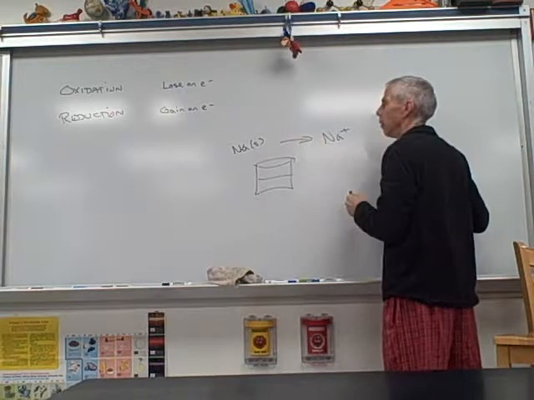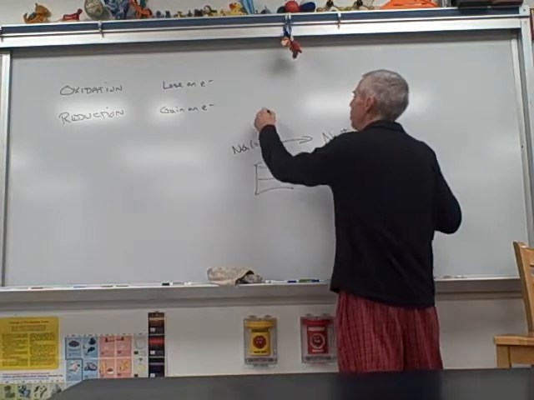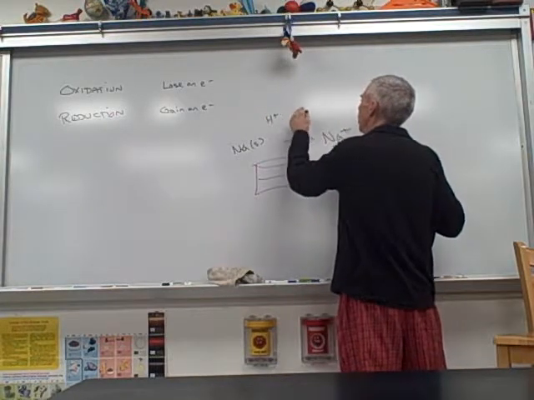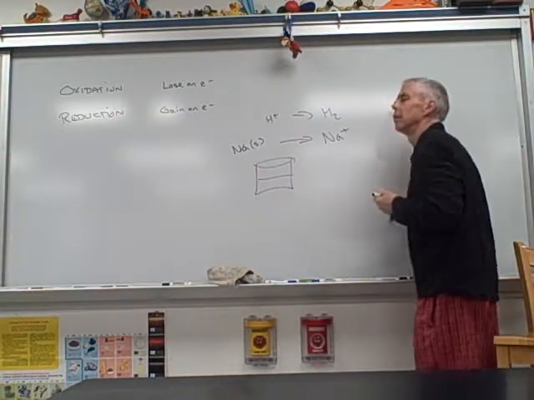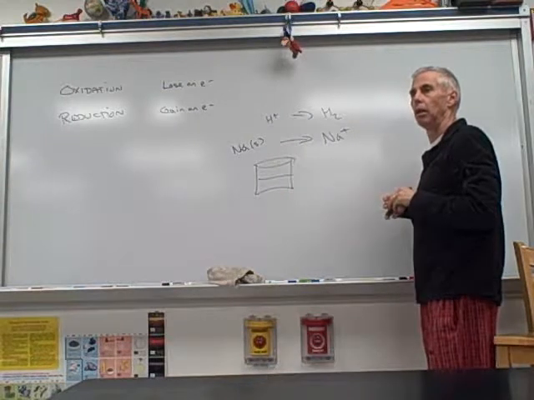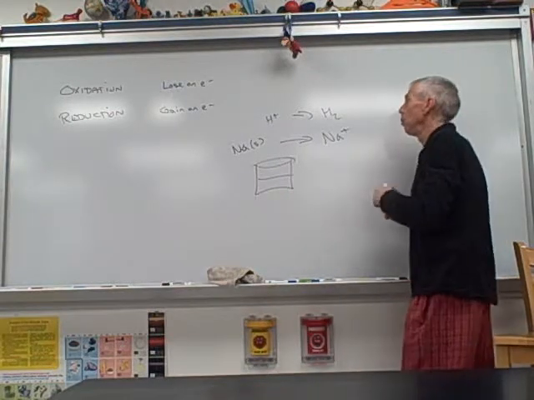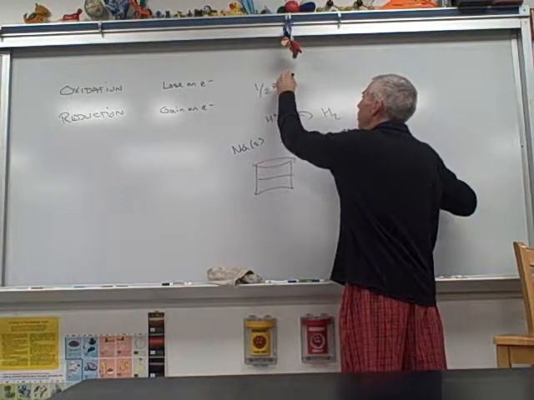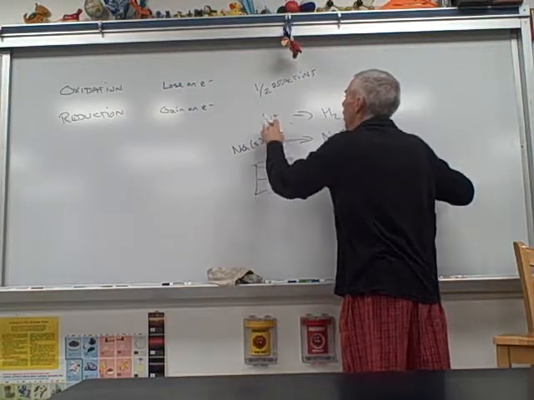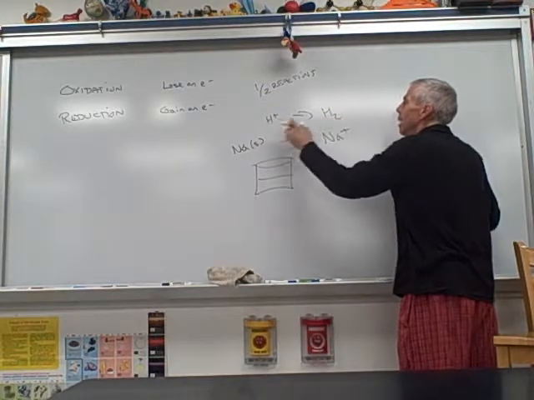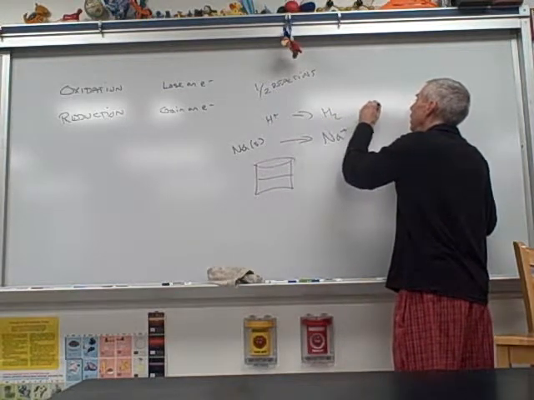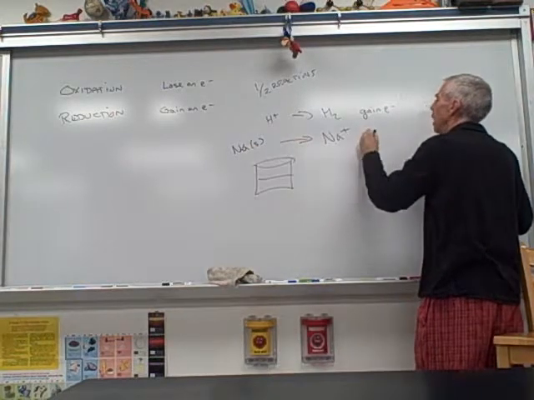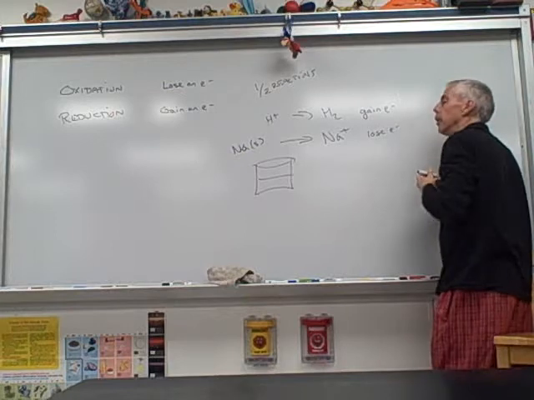All right? The other thing that's happening is some of the hydrogen ions or some of the waters are turning into hydrogen gas. So the two half reactions, if you will, which we'll talk more about later, are hydrogen turning into hydrogen gas by gaining an electron, and sodium turning into sodium ions by losing an electron.